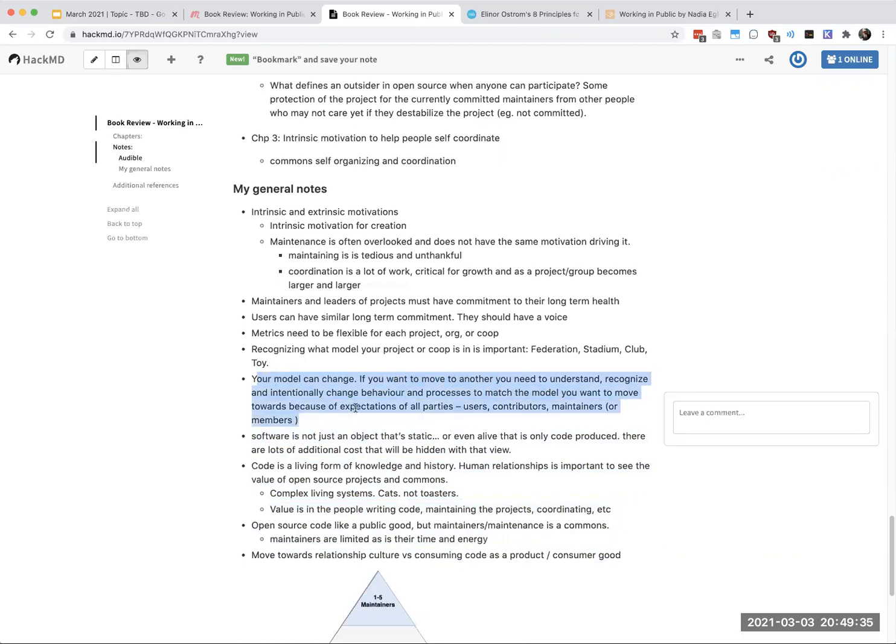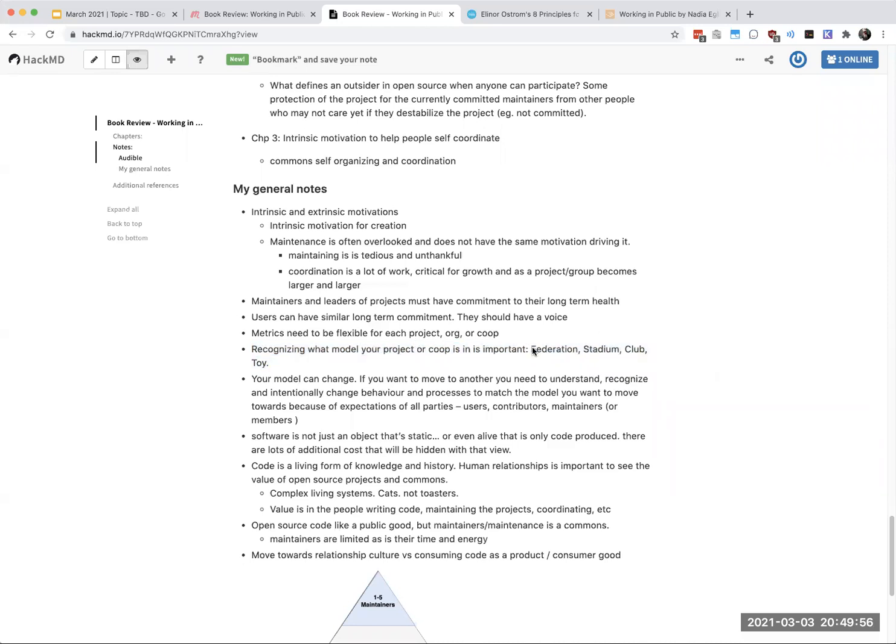Your model could change. So understanding the different models is a good thing, whether you're talking open source projects and trying to identify what you want and what you're already in, or what you're trying to collaborate in, whether that's a cooperative or an open source project.